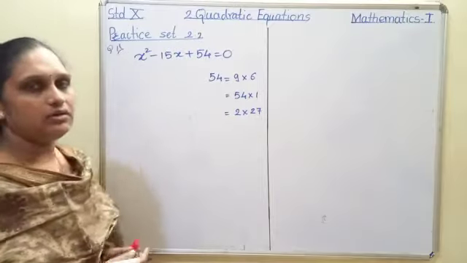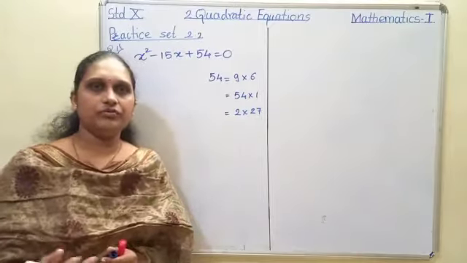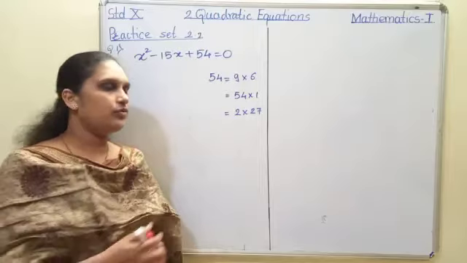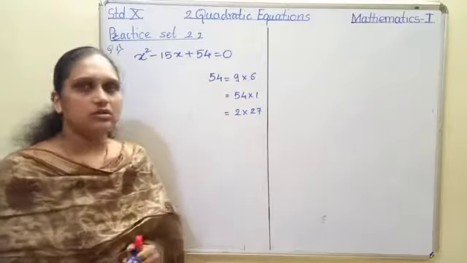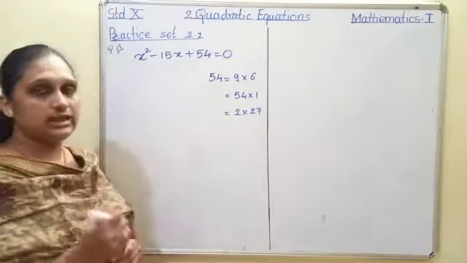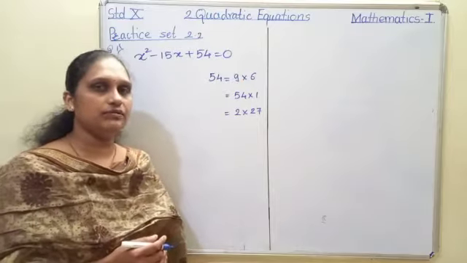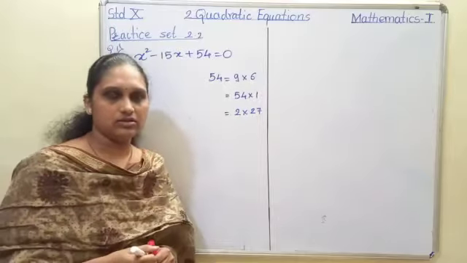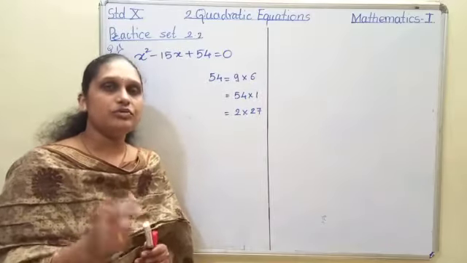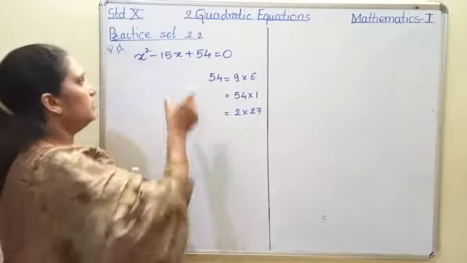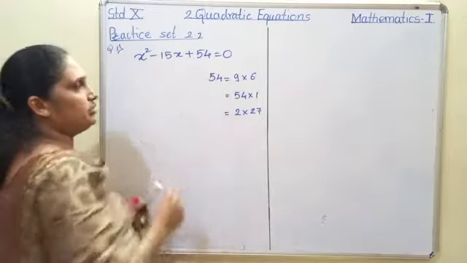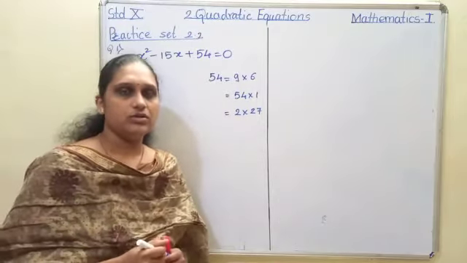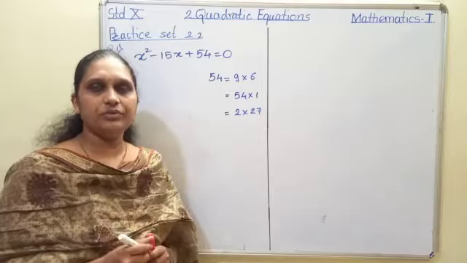So this way we can find the factors, and now from all these factors we have to select the pair. Now how to select the factors? Which pair of factors is applicable to our sum? For that, we'll take the help of the middle number.